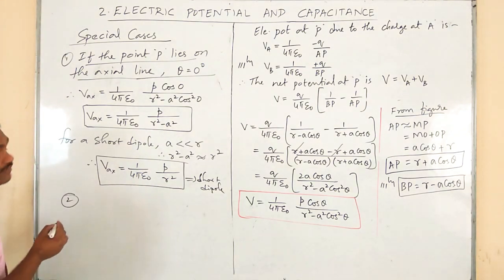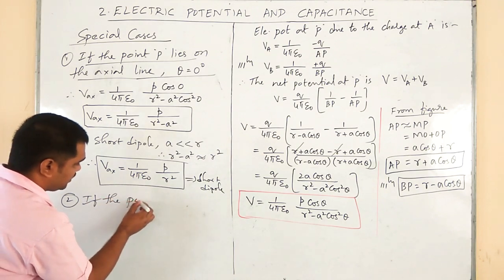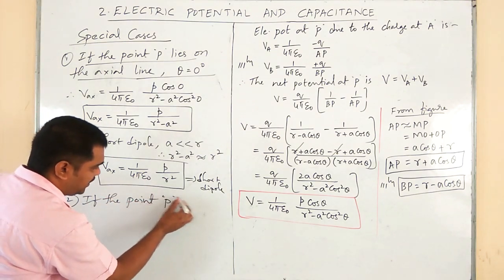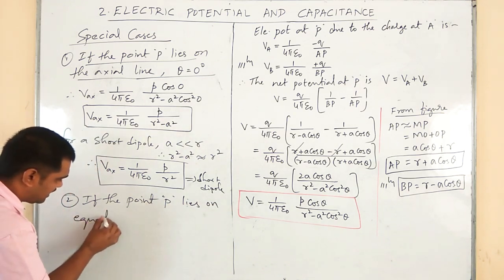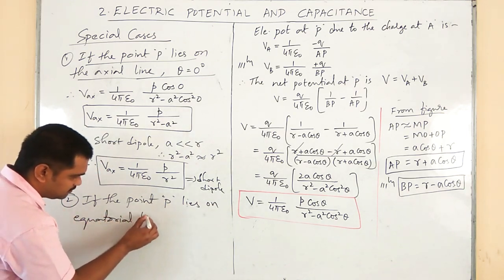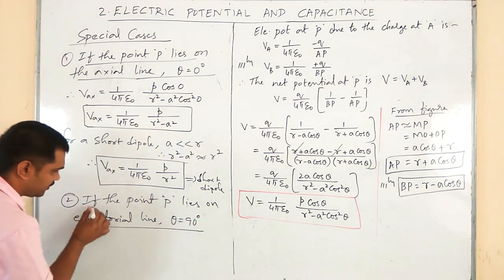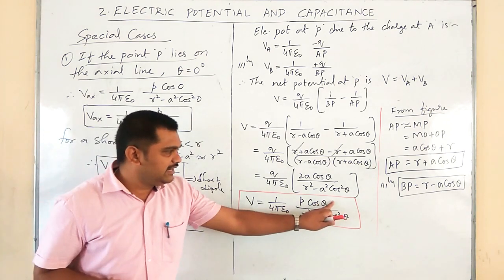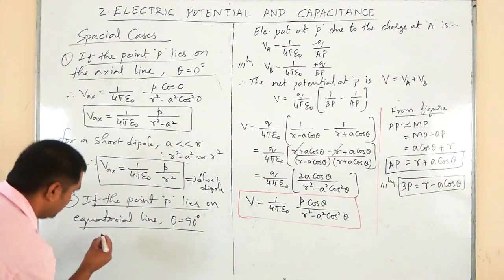Similarly, the second case, a very interesting case: if the point P lies on the equatorial line, what is theta? 90 degrees. If you put 90 degrees in the numerator, cos 90 will become 0.